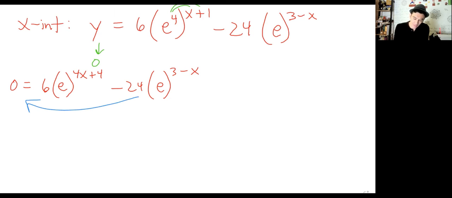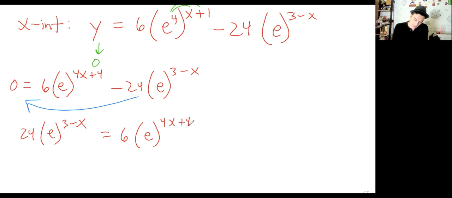So let's add the 24 term to the other side. And then we look for something that could make the equation look simpler. I think in class we did something different, but here we're going to divide by 6. Because if you divide by 6, this guy would be gone, and this would turn into a 4.